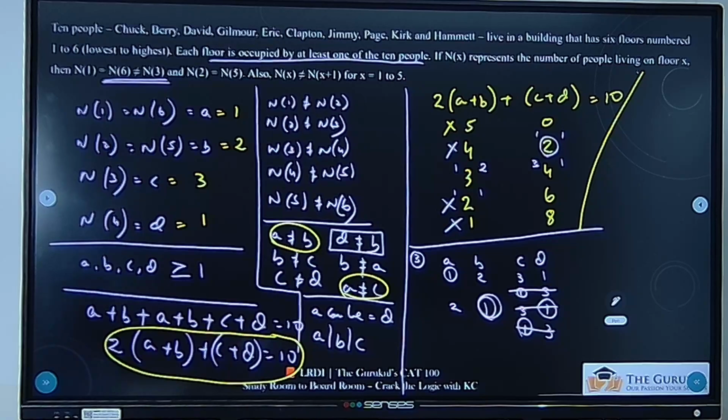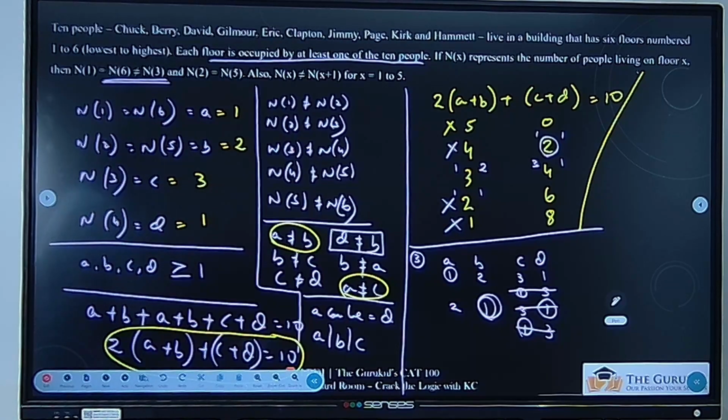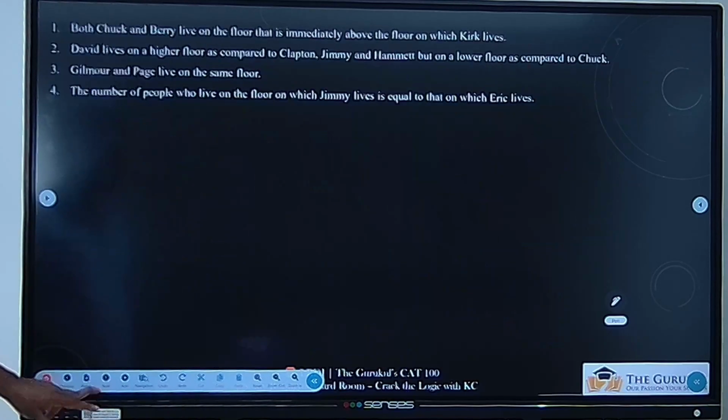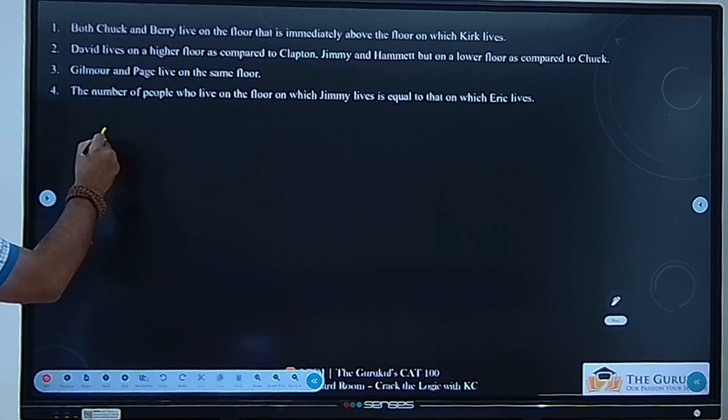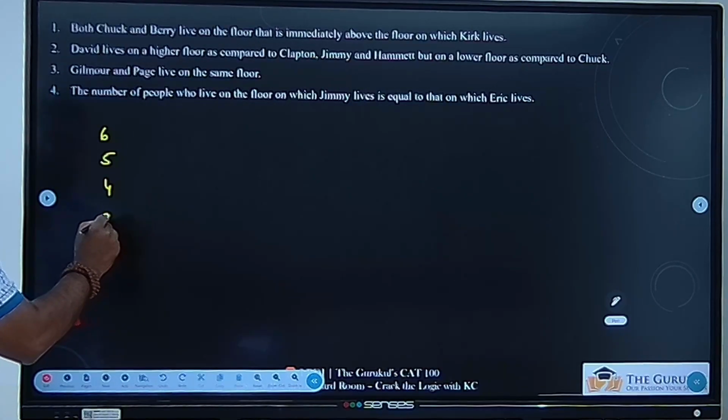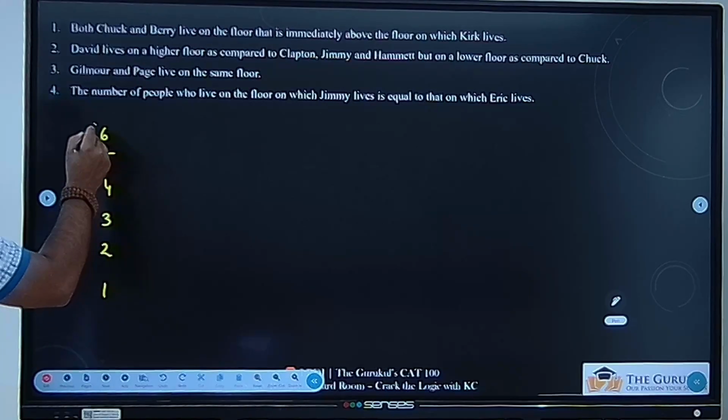These are the different floors. That is the first part of the question. Clear till this point? We understood how many people are sitting and where they are sitting. Now we need to arrange who are those people. Now I already know floor number 6, 5, 4, 3, 2 and 1.